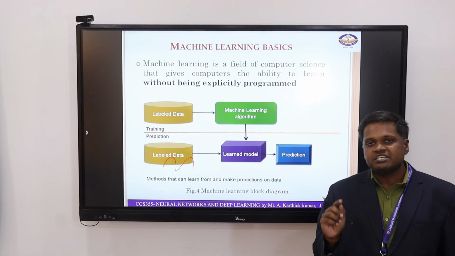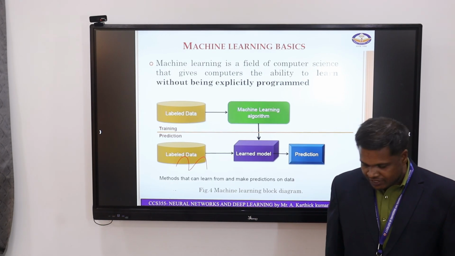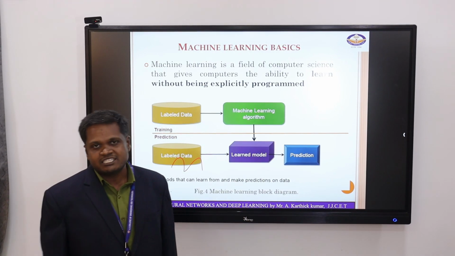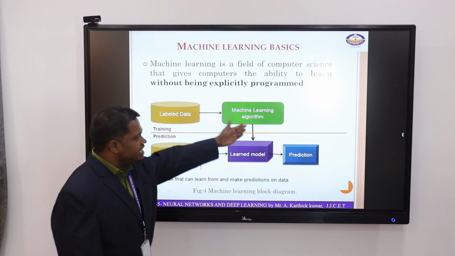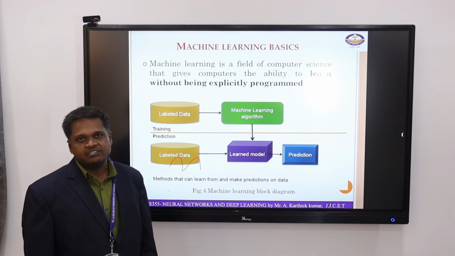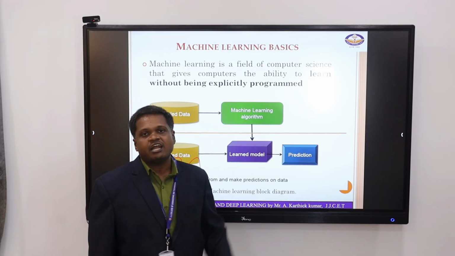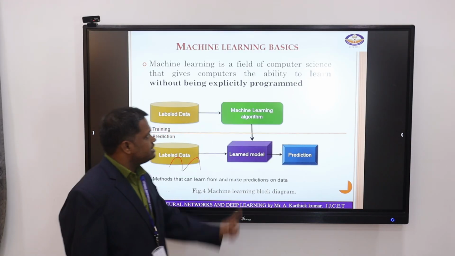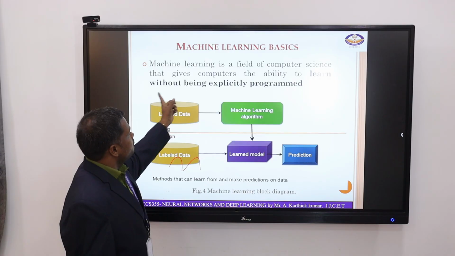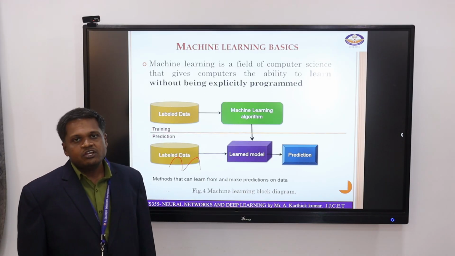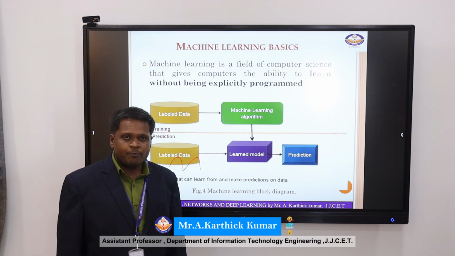First, we gather the data from the Internet of Things and train it with machine learning algorithms. Based on testing, we predict the output. So the definition is learning without being explicitly programmed. That is the definition of machine learning.